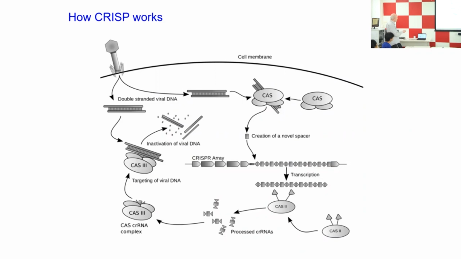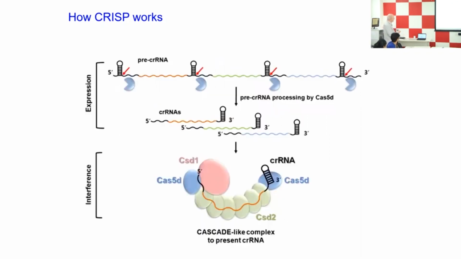The DNA of the virus gets into the cells, and there's a pre-existing RNA that matches bits and parts of the virus, and then this RNA associates with Cas proteins, and they form a nuclease that will kill the DNA of the virus.